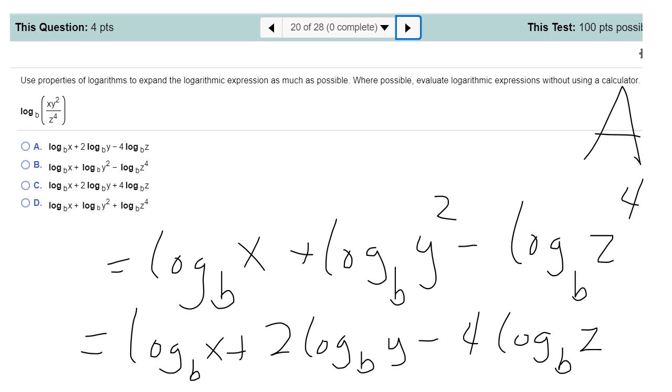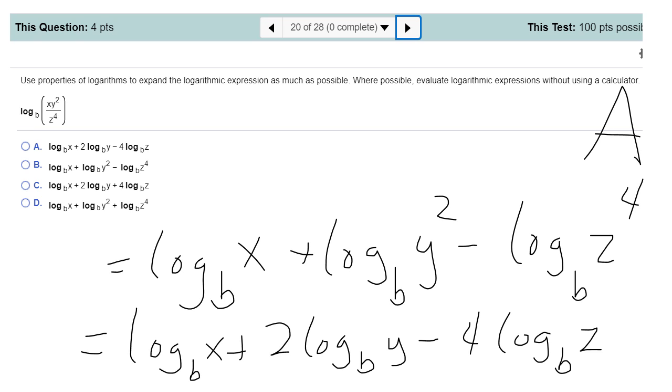Number 20 is quite involved, but we can separate this logarithm. First, notice it's x times y squared. So I can put addition there. I would have log base b of x plus log base b of y squared. Then the bottom of the fraction should be subtracted. That's the quotient rule.